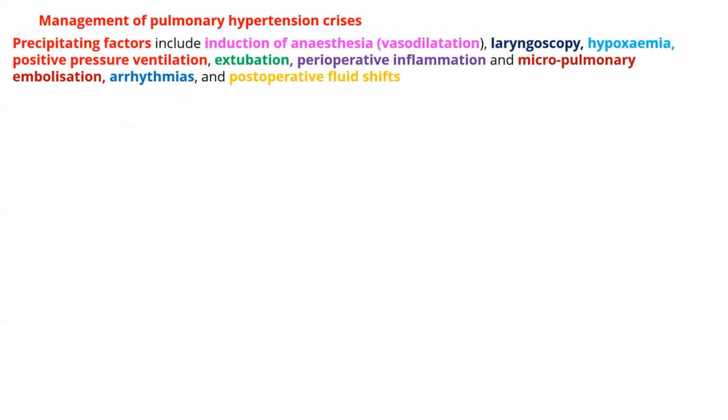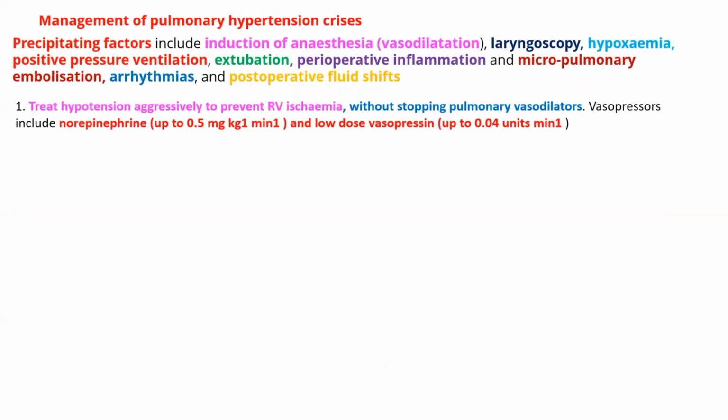Laryngoscopy, hypoxemia, positive pressure ventilation, extubation, perioperative embolism, pulmonary embolism, arrhythmias, and postoperative fluid shifts can all result in a sudden acute rise in pulmonary pressure.